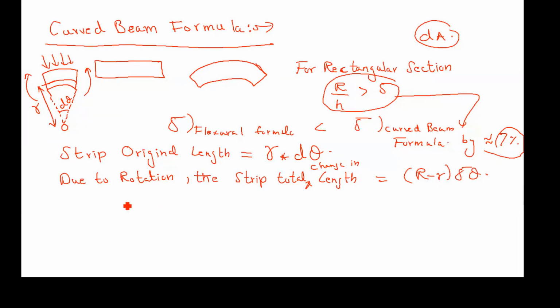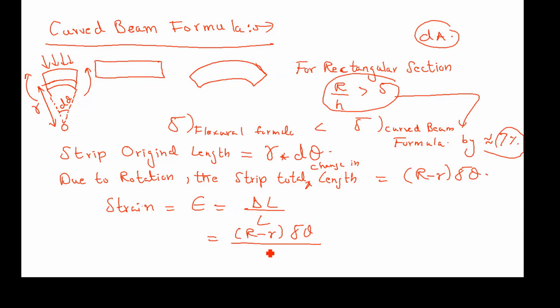Okay, so now the strain in this particular figure is going to become equal to epsilon, which is the change in length divided by the original length. So here the change in length is r minus r into change in theta, divided by r d theta.